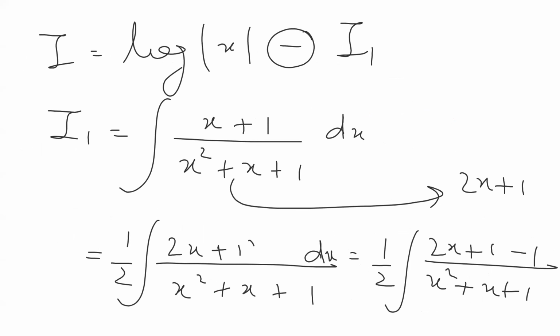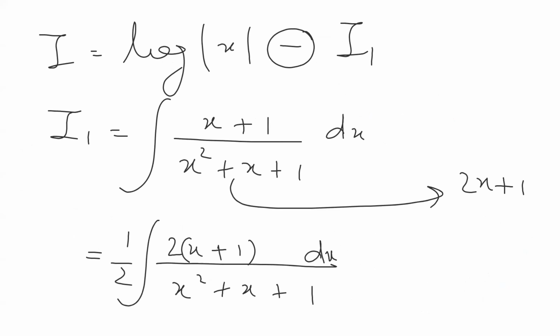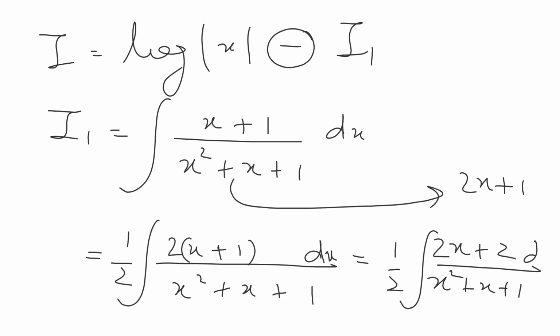So let me just correct this. First I have written the derivative of x square plus x plus 1 is 2x plus 1. So first I will make this as 2x by multiplying and dividing with 2. So this will be 2x plus 2 upon x square plus x plus 1 dx.